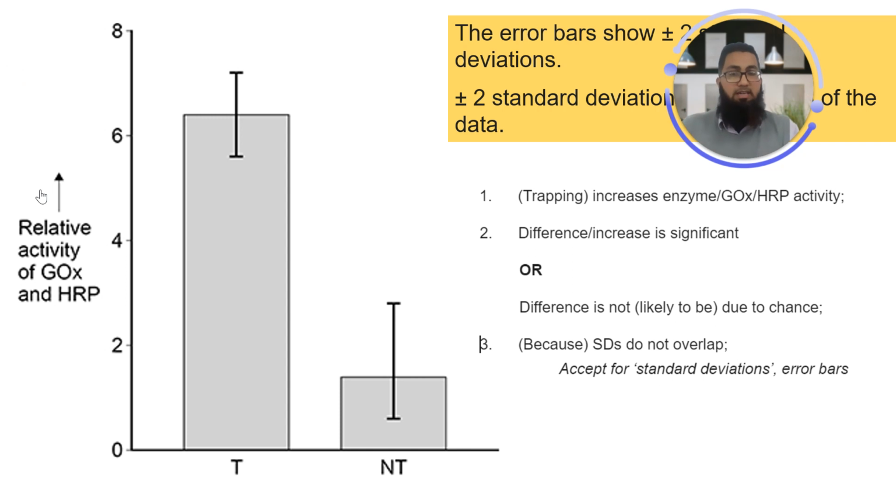One more point, in here, T and NT are not overlapping. The difference is significant. Why? Because it's likely that it is not due to chance. If it's overlapping, it is not significant, because it is likely to be due to chance.